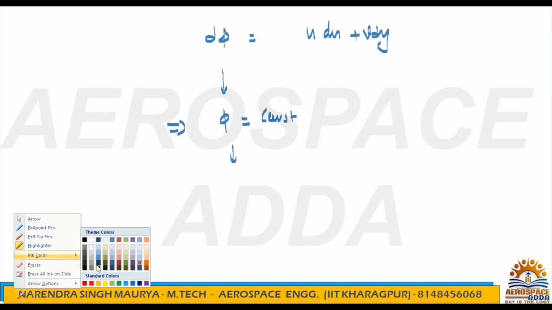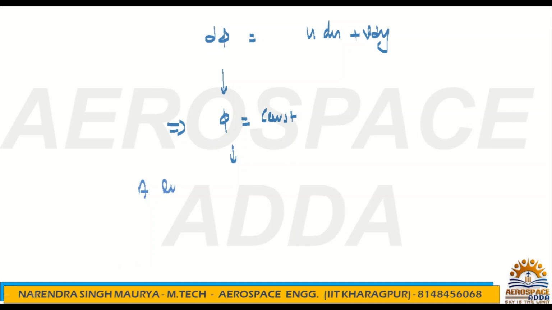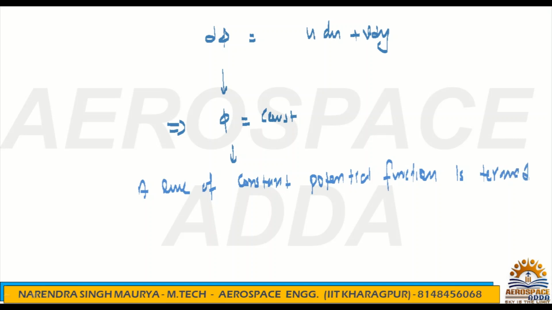Then what is the meaning of it? Its meaning is very clear. A line of constant potential function is termed as equipotential line, okay?